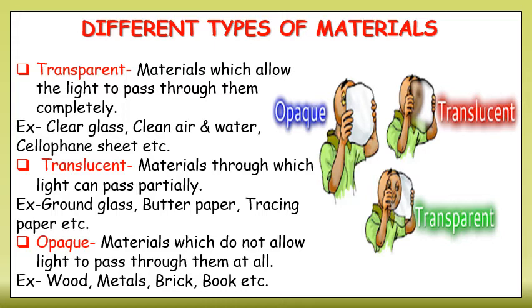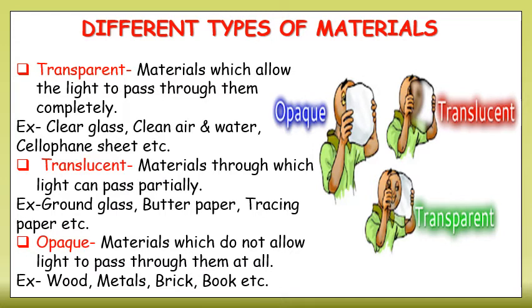Now, translucent materials are the materials which allow only some of the light to pass through them. We cannot see clearly through these materials. For example, ground glass, butter paper, tissue paper, etc. are examples of translucent materials.